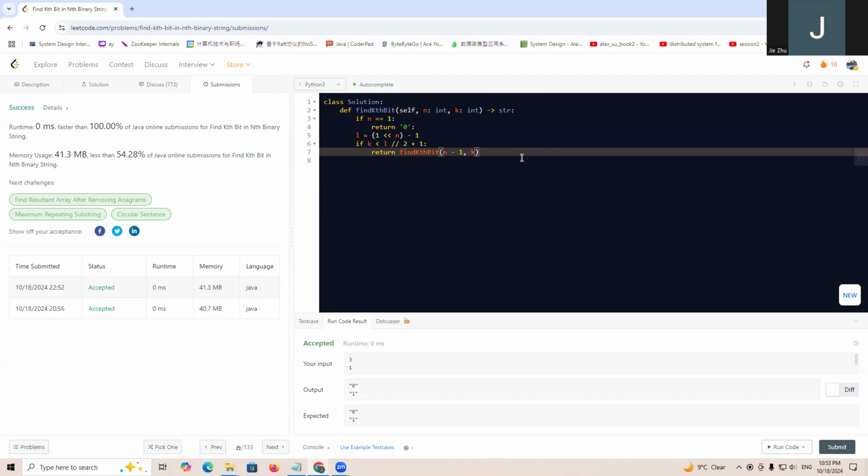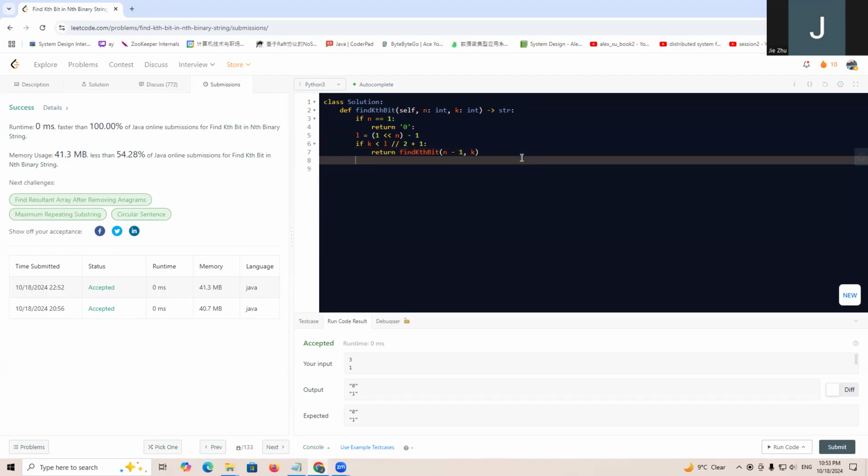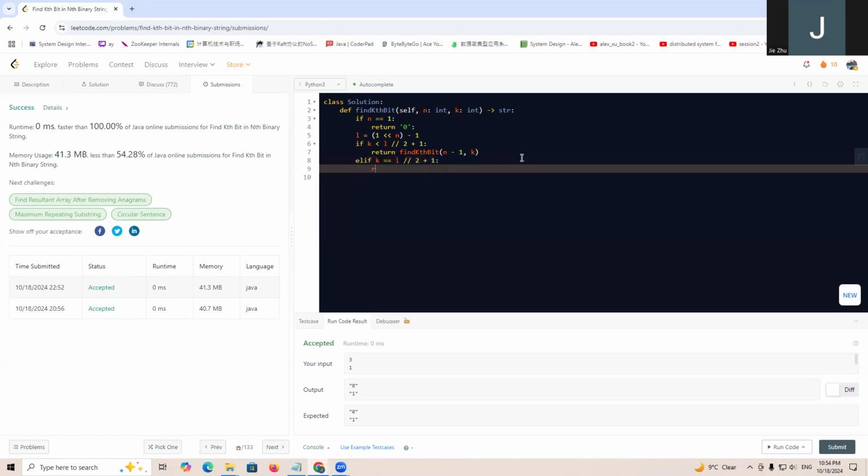And if k equals L divided by 2 plus 1, then we return 1.